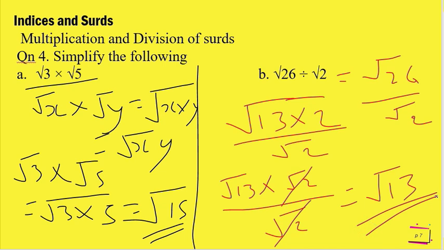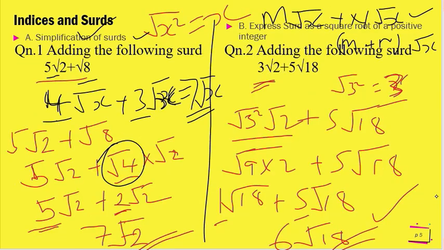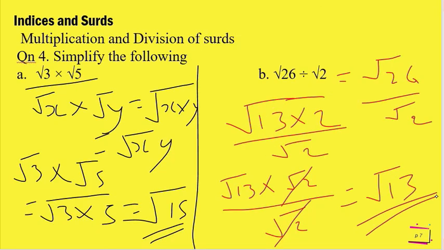I think division and multiplication are somehow simpler than addition and subtraction, because in addition and subtraction you need to consider what we call simplification, and sometimes you have to express a surd as a square root of a positive integer for you to be able to do all those operations.